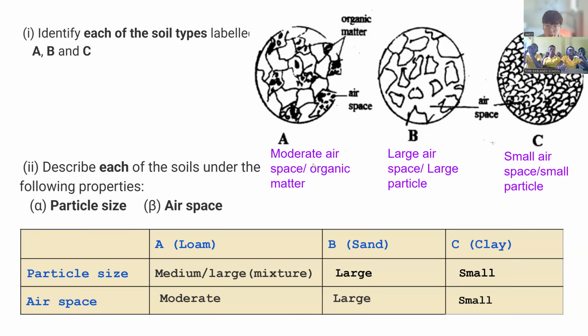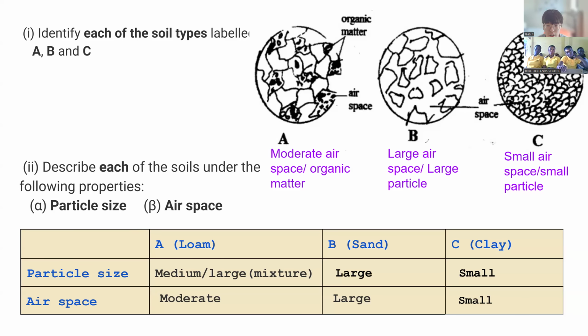Okay, yeah. Let's look at this question. This is like a final wrap up question for this topic of soil. So can you identify each of the soil types labeled here?